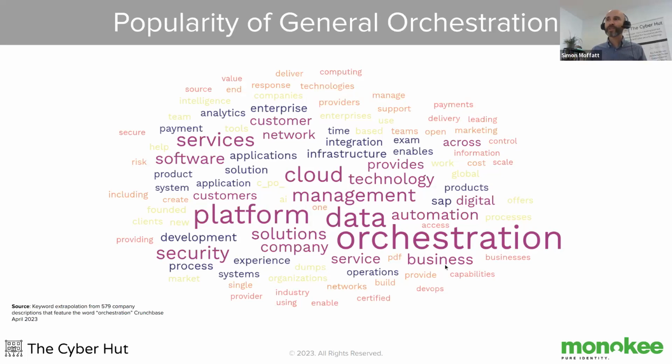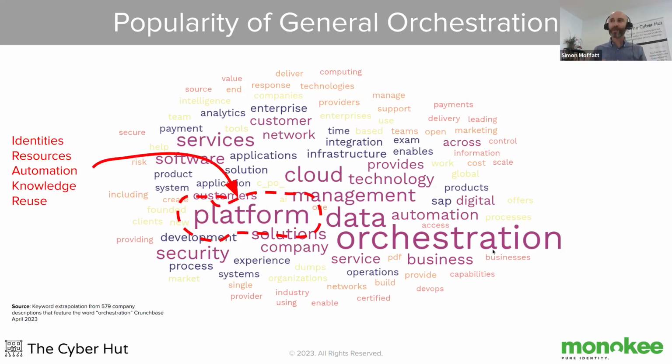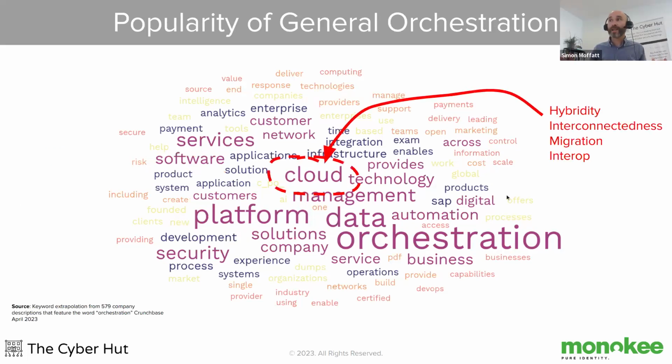There are some interesting bolded words here that we can pull out, things like platform, delivering more than one set of services within a particular area. Clearly identities we're familiar with, but resources and knowledge and reuse of technology seem to be a real driver or benefit of orchestration. Things like cloud as well.